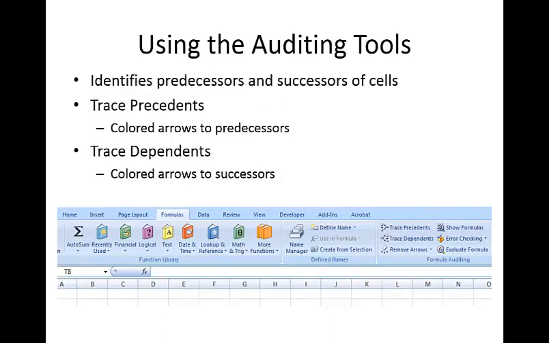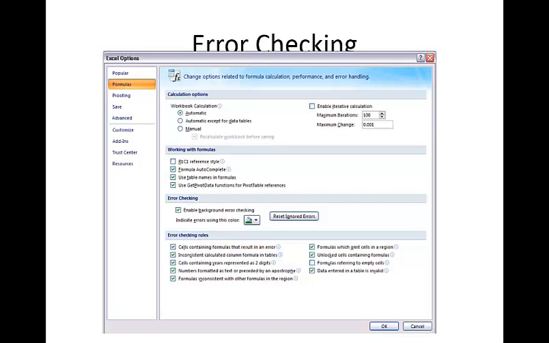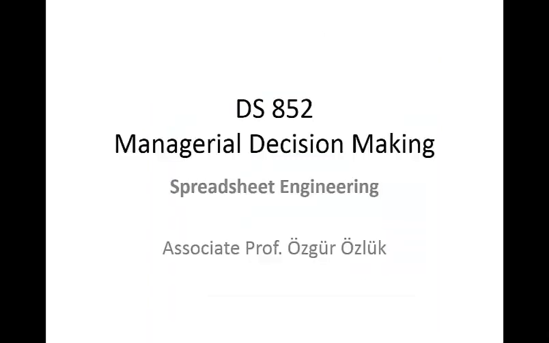Another important tool is Excel's auditing tool, which I will show you when we are done with today's first exercise. And lastly, Excel has a way of checking whether the formulas look correct or not.